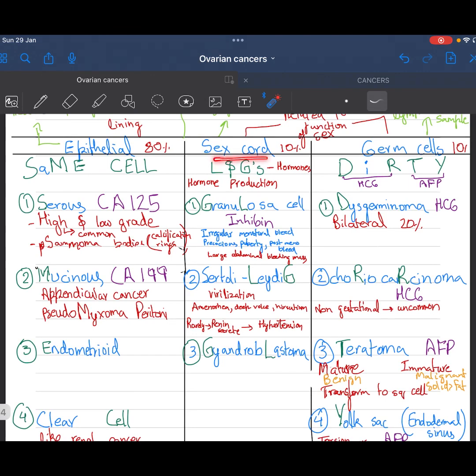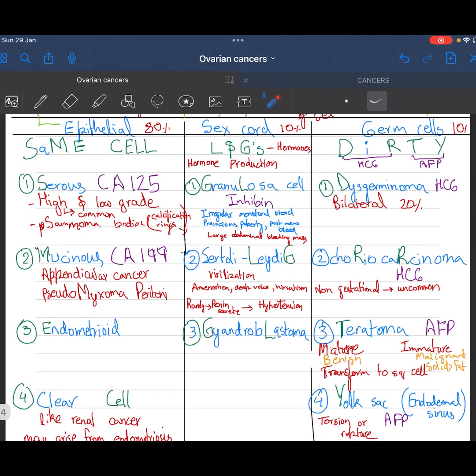Next are sex cord tumors, and the mnemonic is that they all have L and G in their names, and they mainly present with symptoms of hormonal imbalance. Granulosa cell has G and L in its name, and it secretes inhibin. The marker is inhibin, and it causes irregular menstrual bleeding, precocious puberty, and postmenopausal bleeding. A large abdominal mass is sometimes the presenting complaint.